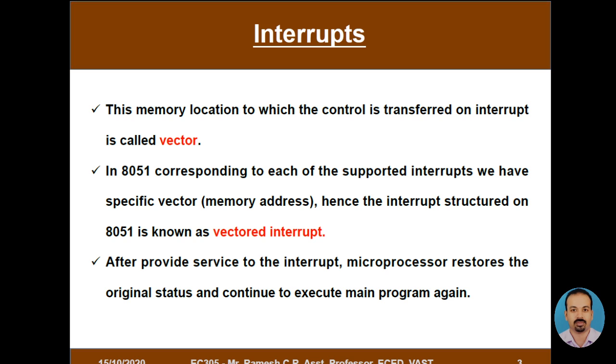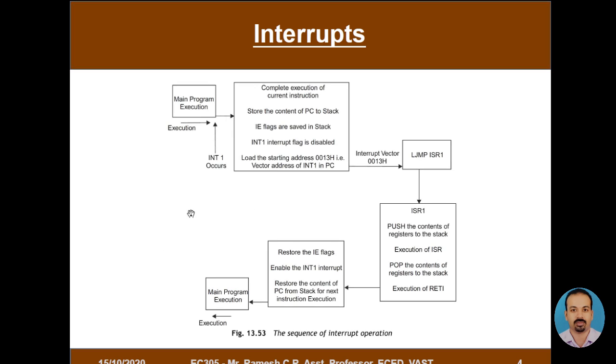Once this interrupt has been serviced, the controller will be retaining the original memory address to which the execution has to be resumed. That means it will be fetching from the stack memory. If you look at this block diagram, for external interrupt 1 there is an address location, 0013h, that has been mapped.